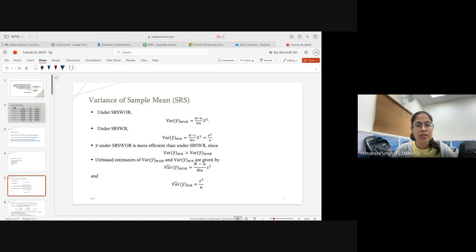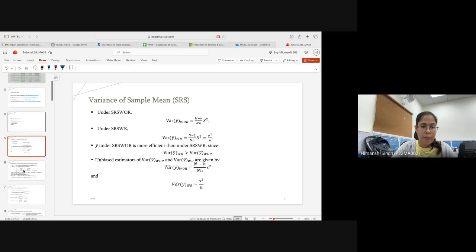So the variance of the sample mean we have discussed. In the previous live session also I discussed these quantities, the variance of y bar and the estimators. Here I've also included this slide because in the forthcoming topics we will be using these variances. That's why I've included this in the slide.